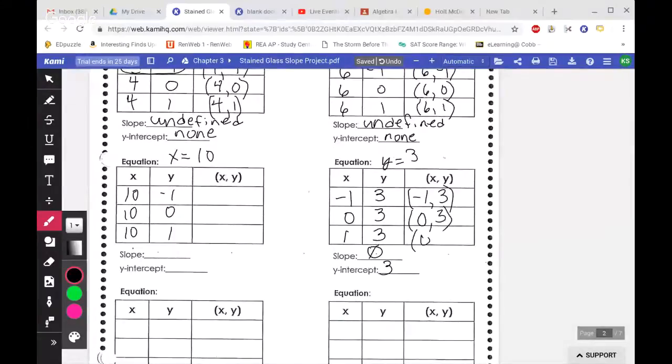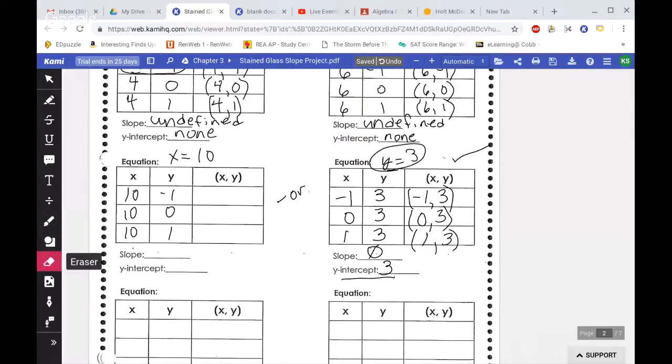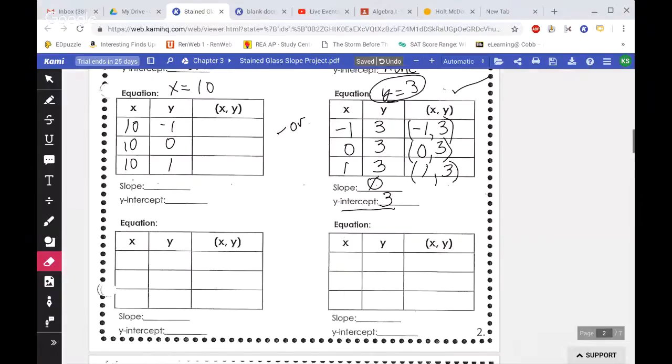And this is a horizontal line. The slope for all y equals will be 0 because they're all horizontal lines. And your y-intercept will always be whatever that is. Does that help you on those? Yes, ma'am.